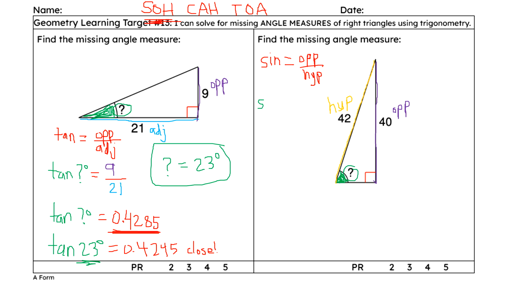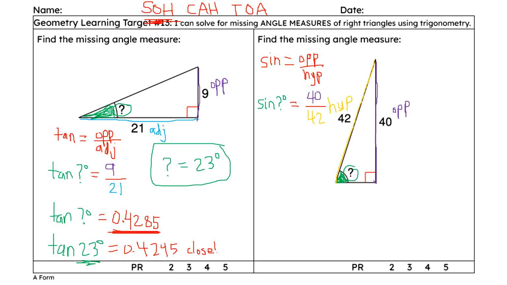So sine of, I don't know how many degrees, that's my unknown, will be opposite over hypotenuse. All right, my opposite is 40 and my hypotenuse is 42. Now using those two numbers, I can divide one by the other to find out what that is approximated as a decimal and then just look up the angle.